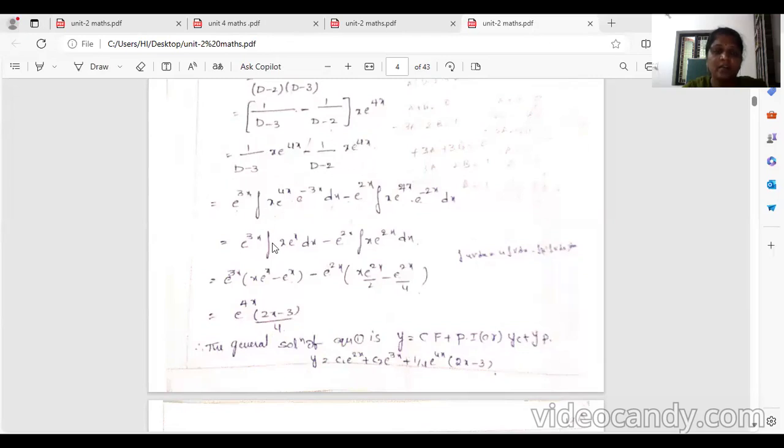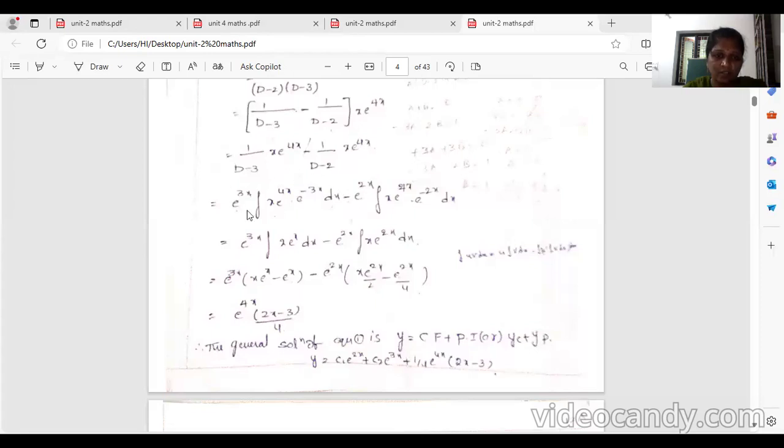So we can apply the general method. With alpha 1 equal to 3, e power alpha 1 x is e power 3x, integral of Q, which is x into e power 4x into e power minus 3x dx.